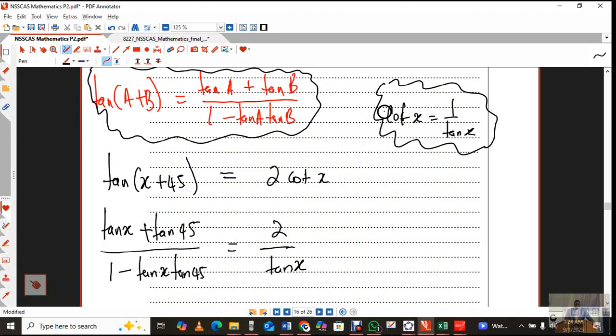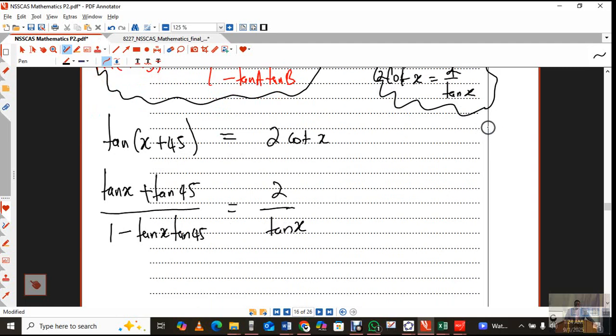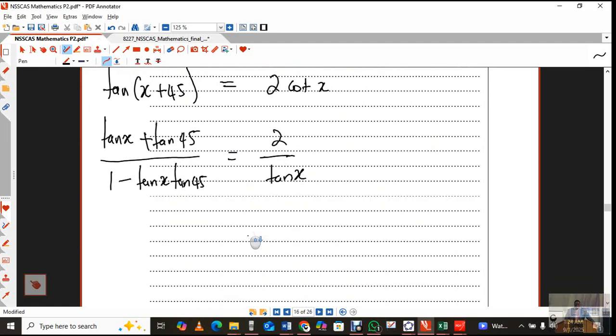If you have a 2 in front, then you're going to have a 2 all the way over there, no problem. Now, tan 45, you should know this out of your head, tangent of 45, from your special triangles.